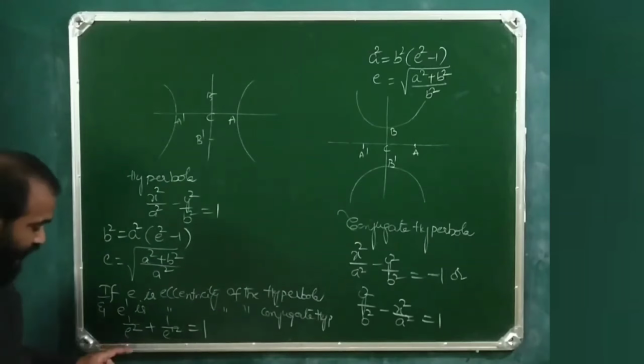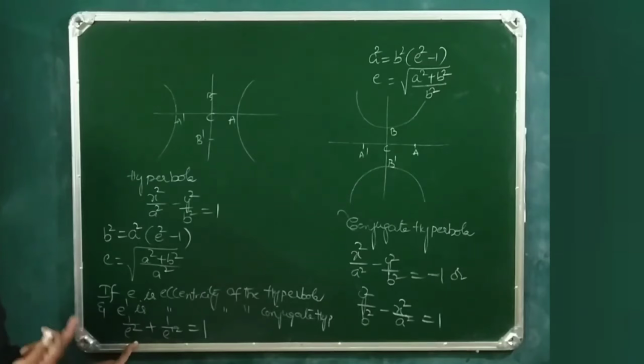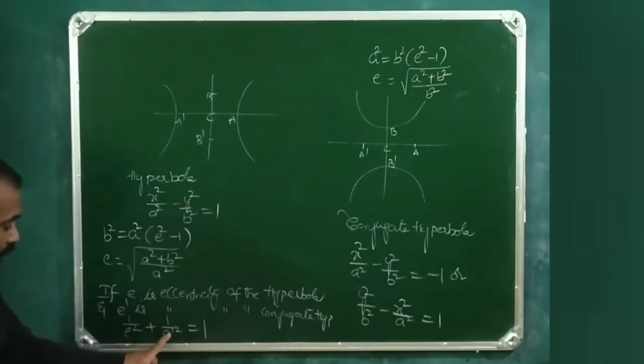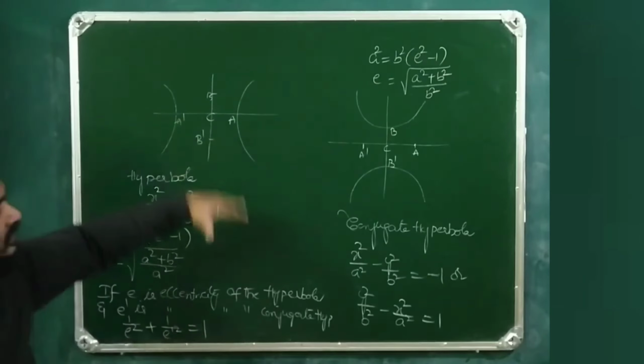So if the eccentricity of the hyperbola is given and we are asked to find the eccentricity of the conjugate hyperbola, then 1 by e dash square equals 1 minus 1 by e square. From this we can get e dash easily. So this is the conjugate hyperbola.